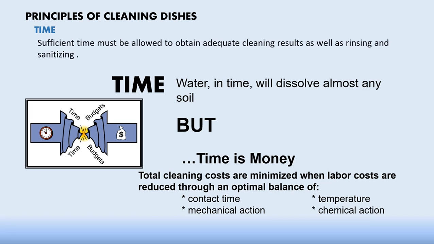Total cleaning costs are minimized when labor costs are reduced through an optimum balance of contact time, mechanical action, temperature, and chemical action. So again, take a look at your dish machines. How long do the cycles run? How much wash time? How much rinse time? How much dwell?